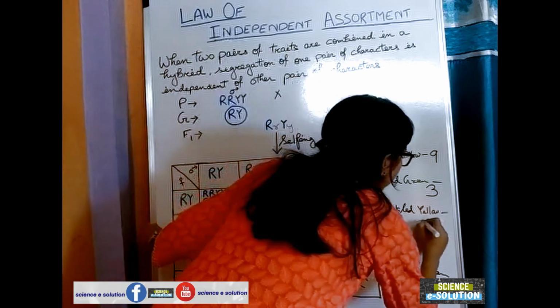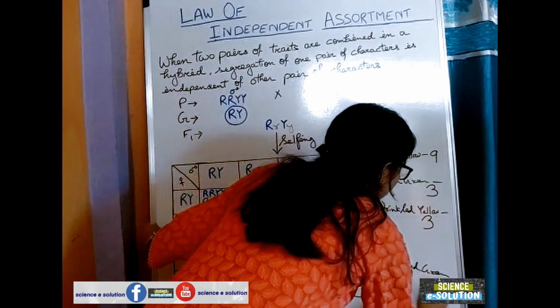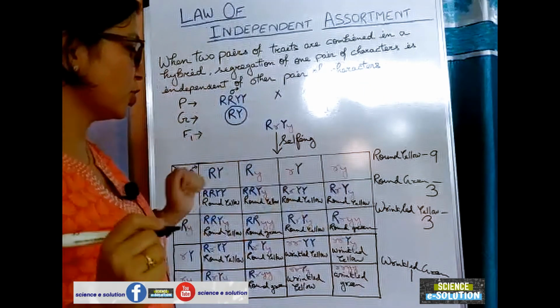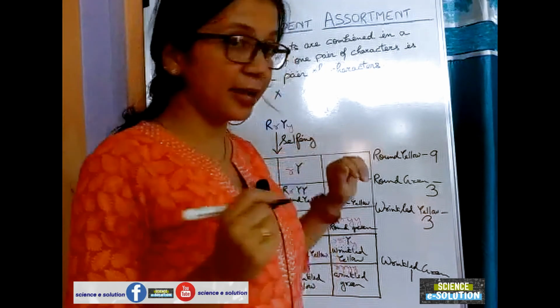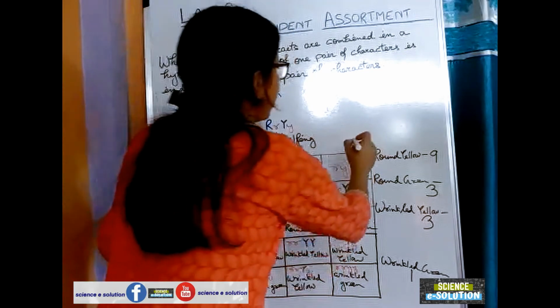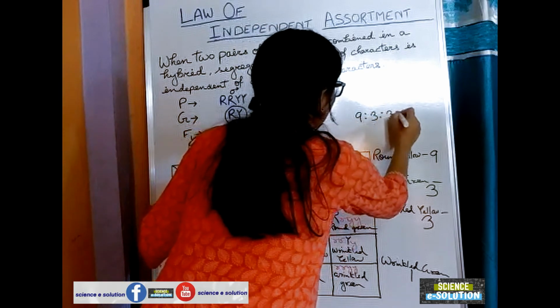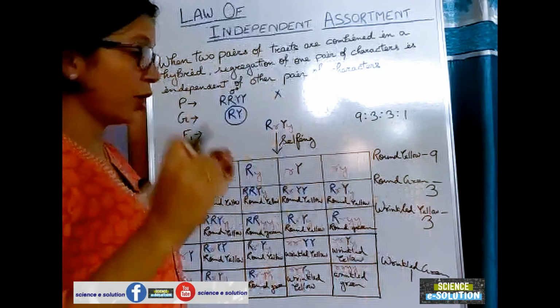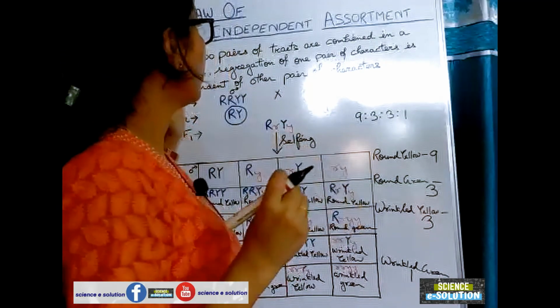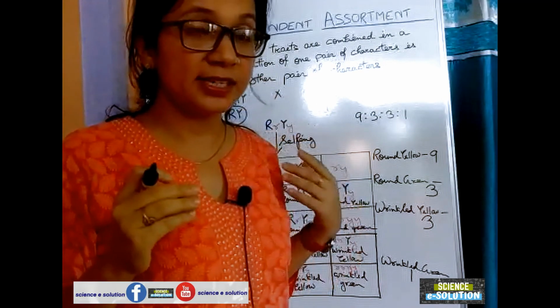We have 3 wrinkled yellow and 1 wrinkled green. So we also get the dihybrid ratio of 9:3:3:1.